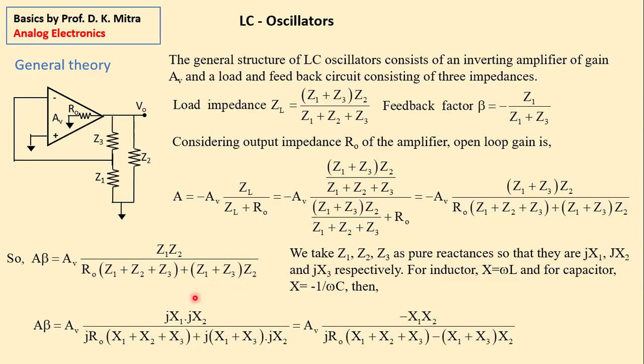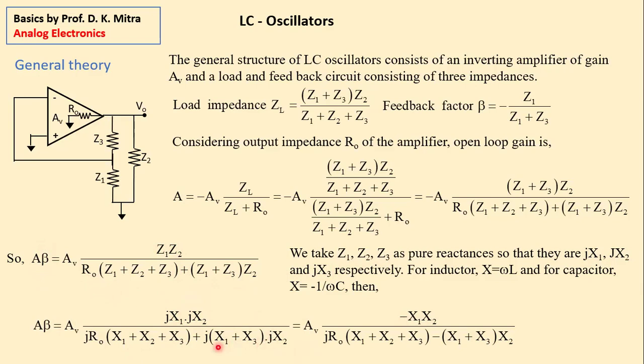If you do that, then in this A beta, Z1 and Z2 are replaced by jX1, jX2. Here it is jRO (X1 plus X2 plus X3). Here it is j(X1 plus X3) multiplied by jX2. Now, j into j is minus 1, so minus X1 X2.